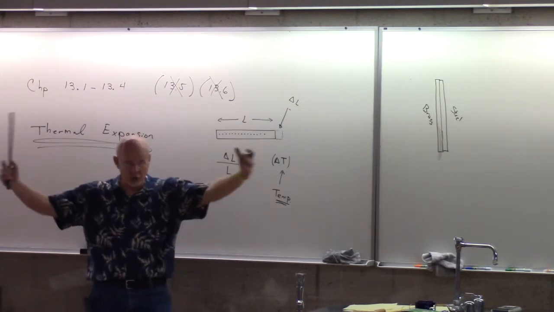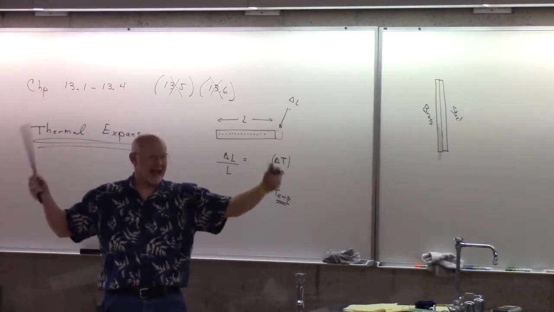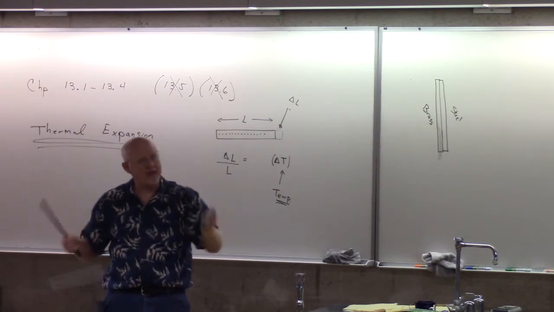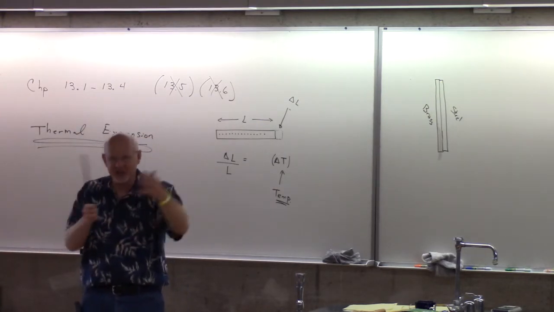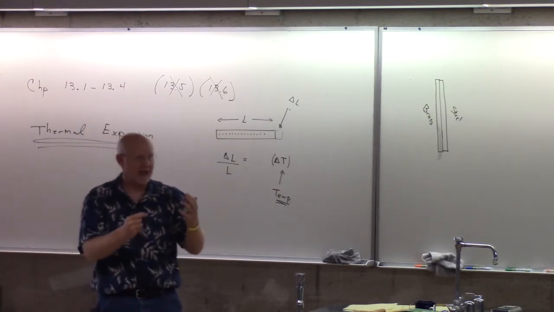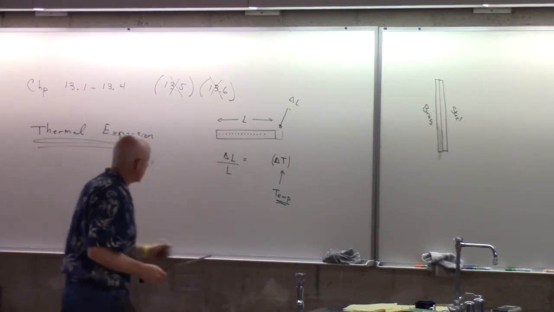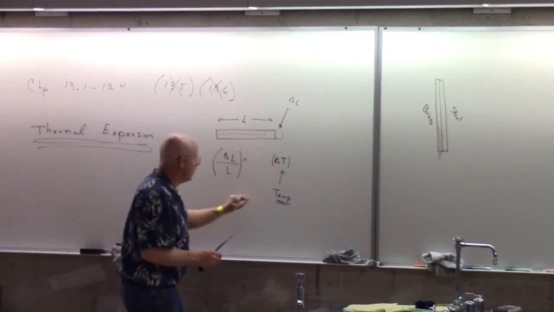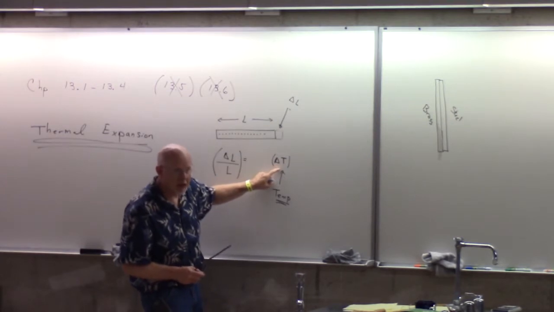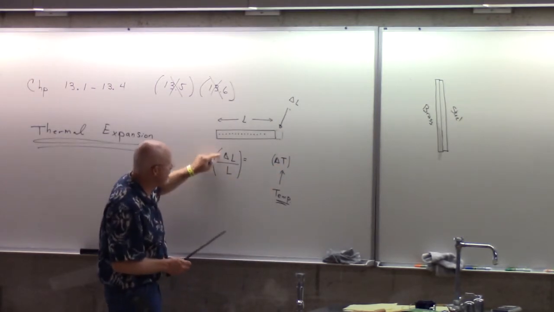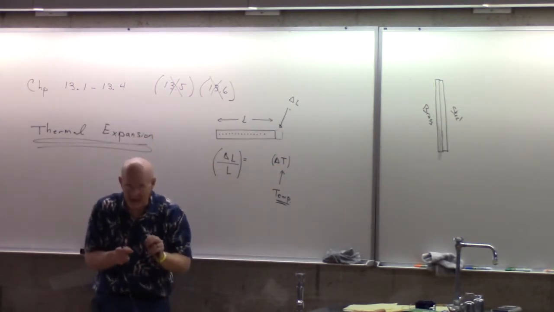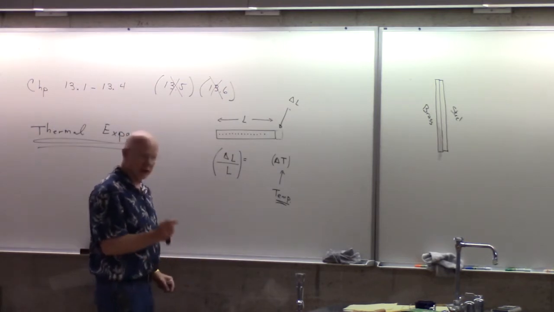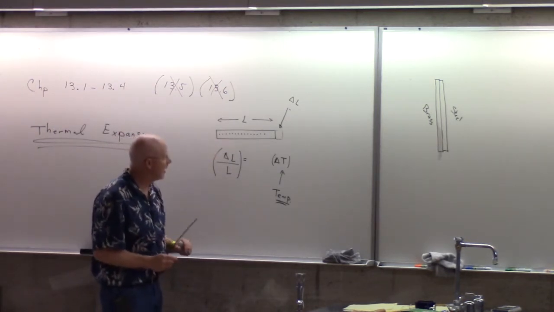But if I had a 2 meter rod, the actual growth of the 2 meter rod would be twice as much as 1 meter, because each meter would grow the same amount. And so I'm really saying here, when you warm it up 1 degree, every meter grows the same amount. Every little speck on the rod.